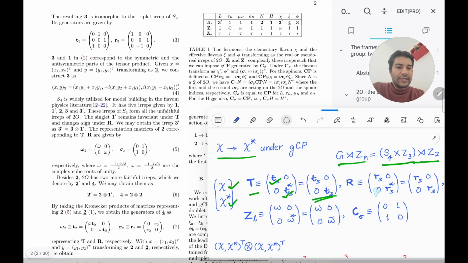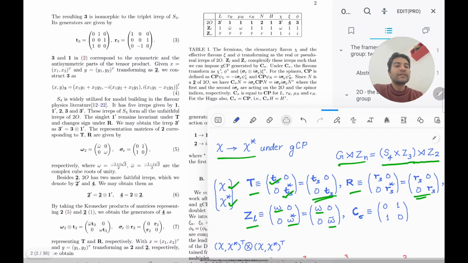Similarly, for the generator R, we get this 6 by 6 matrix shown here. Now for the generator ZL, we have the block omega and then the conjugate block omega star. Unlike T and R, these two are different. So you have this omega and omega bar.